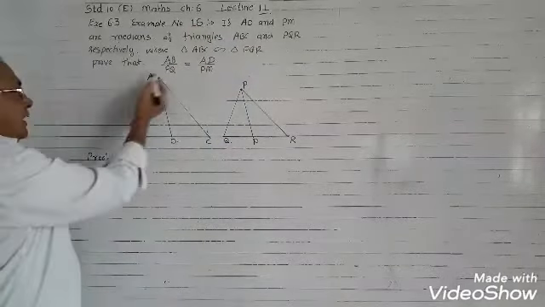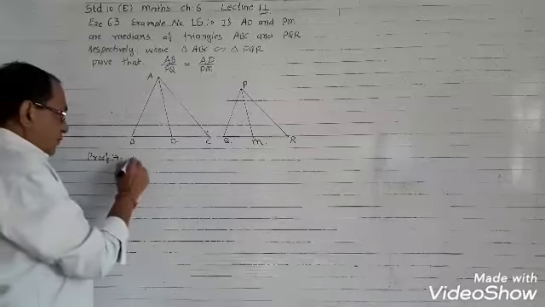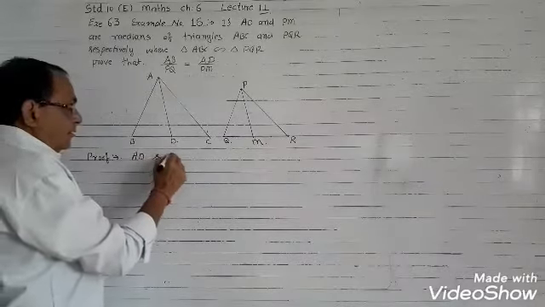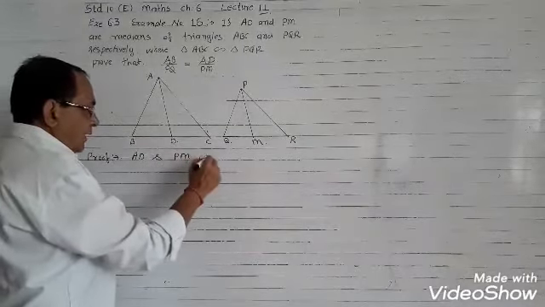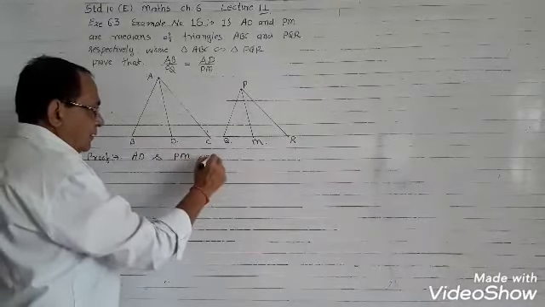First of all, AD and PM are medians of triangle ABC and triangle PQR.